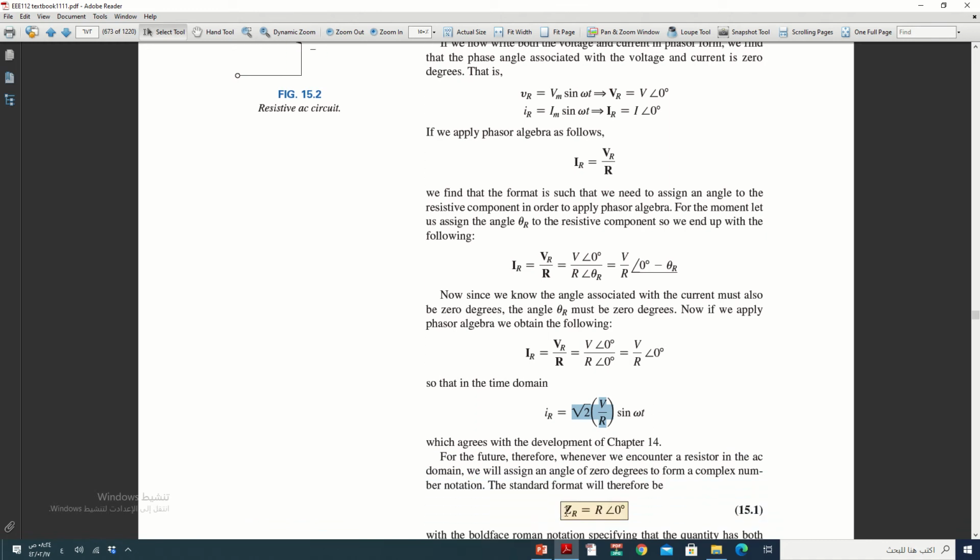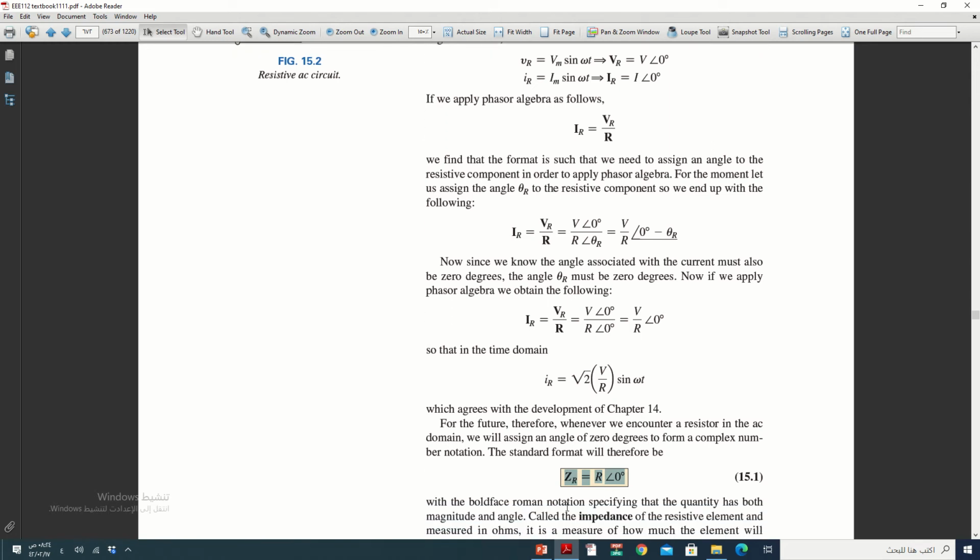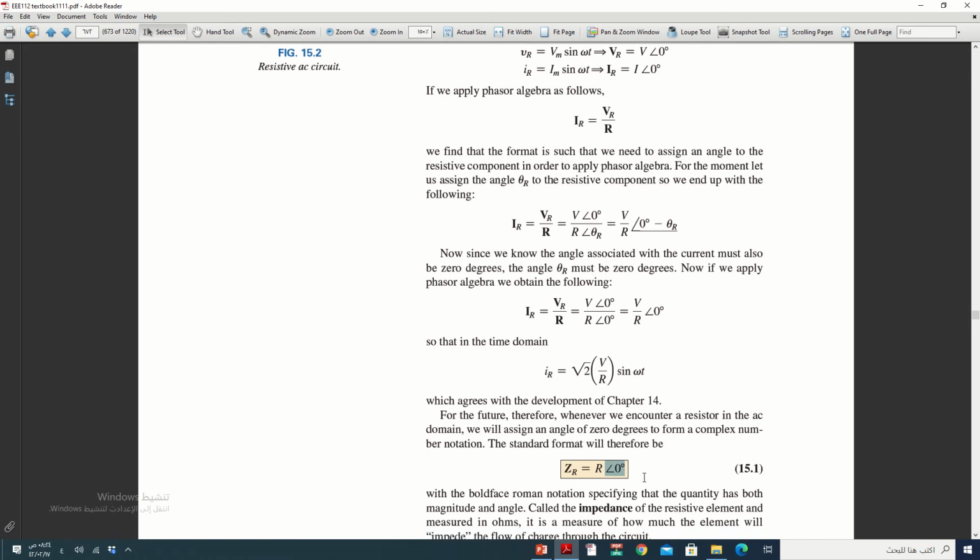And as we said, this ZR is called impedance. From now on, we will call anything with Z impedance. ZR, the resistor impedance, is R with angle 0. This is constant. I mean the impedance of a resistor always has angle 0.